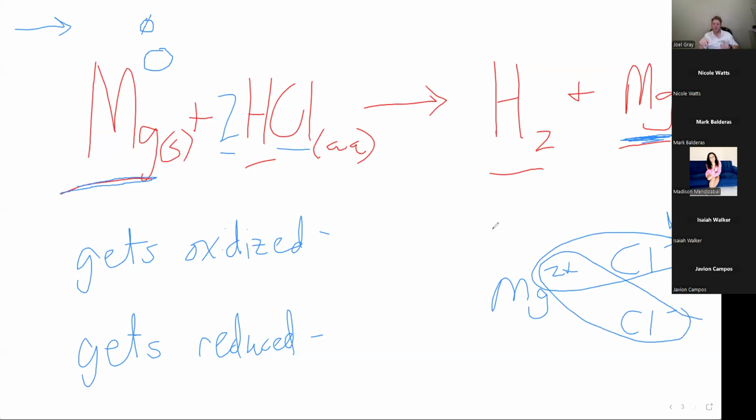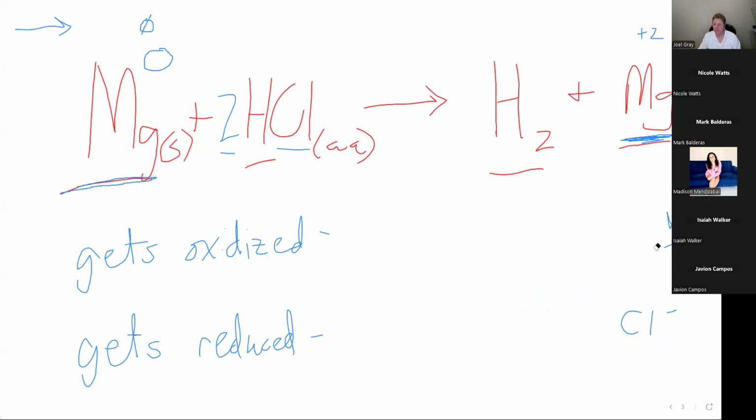So 2 minuses and 1 plus 2. So we get that charge of 0. So what that means is magnesium here, let's write that charge, it is +2. Cl is -1. I'm going to write that down because that might become relevant in just a little bit.